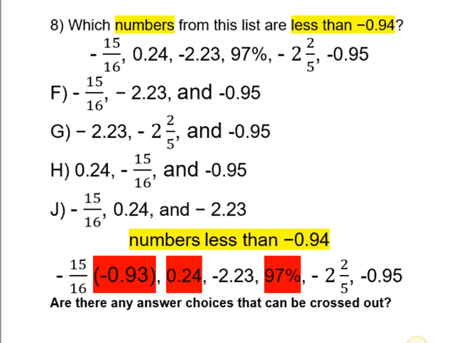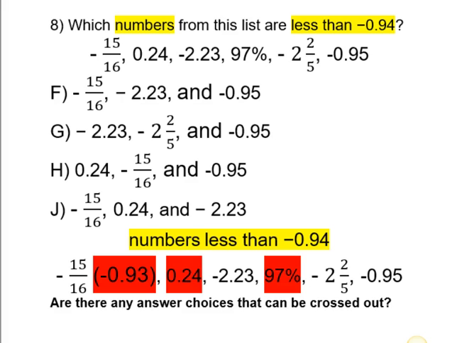And also, even though negative 15/16 is a negative, it is actually greater than negative 0.94, because on the negative side, the smaller the number, the greater the value.